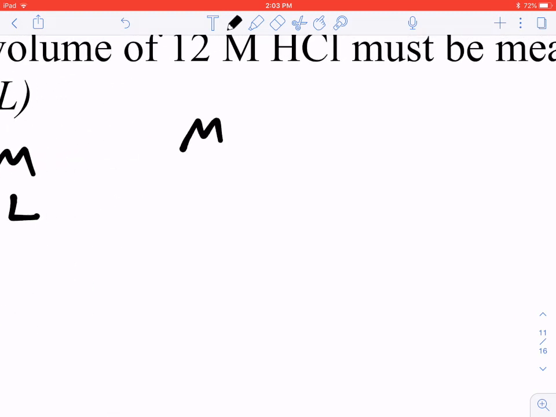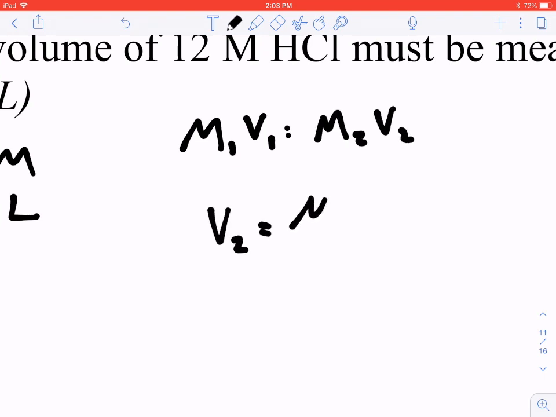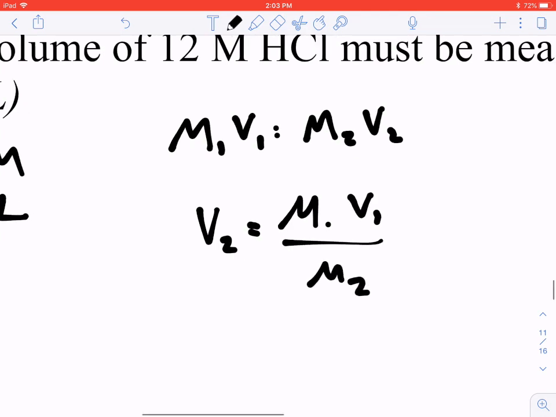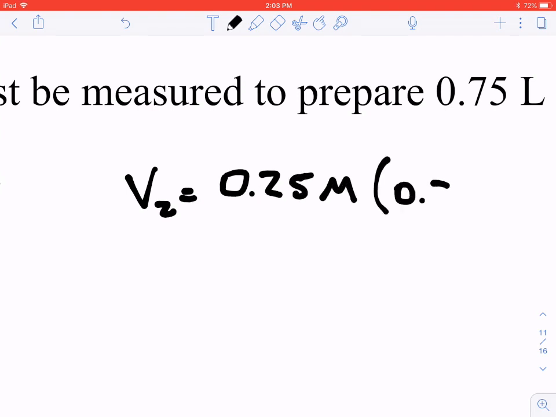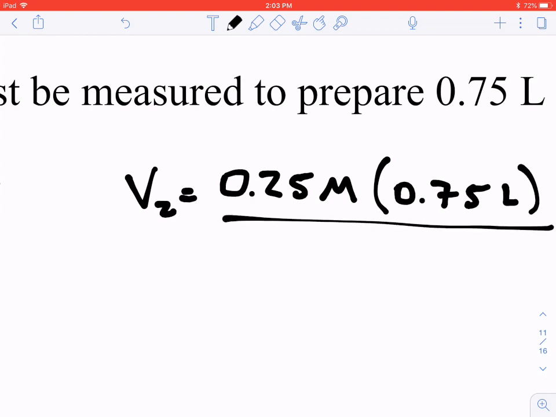So again, we have M1 V1 equals M2 V2. We're solving for V2. We'll have M1 V1 over M2. We're going to plug everything in, so we'll get V2 is equal to that molarity that we're after, which is 0.25 molar, times 0.75 liters, that's the volume that we'd like, over the concentration of our stock solution, which is 12 moles per liter.